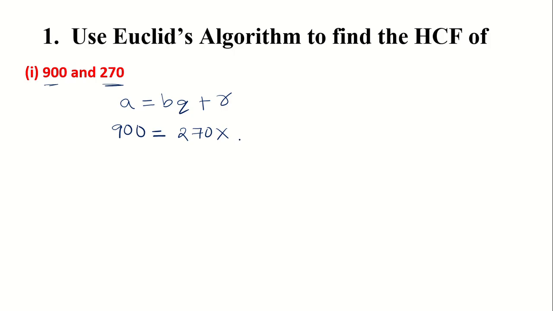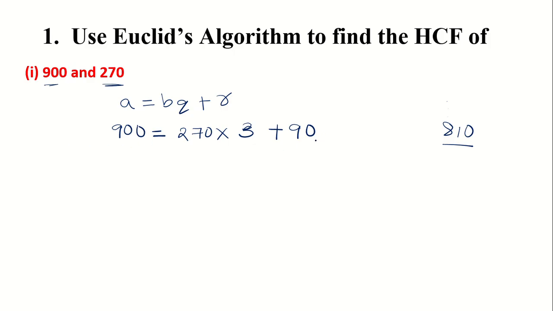With what number do we multiply to get 900? Look at the 270 table. 270 into 3 gives 810, so we are nearer to 900. What will be the remainder? 900 minus 810 is 90. So in the first step, we got remainder 90.